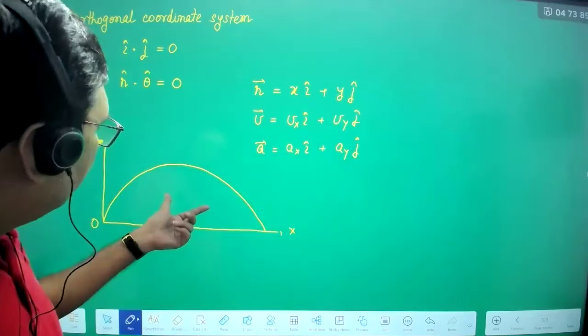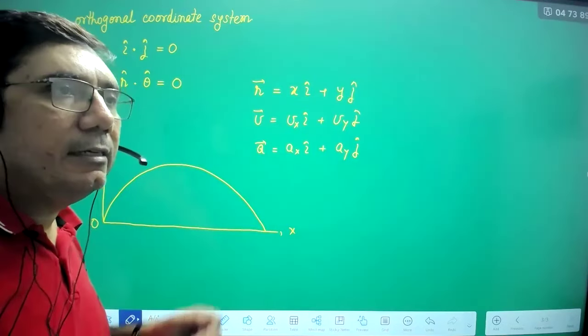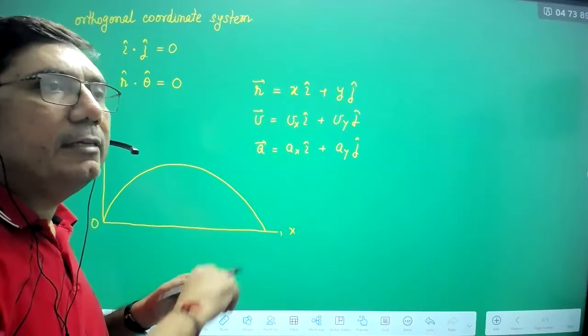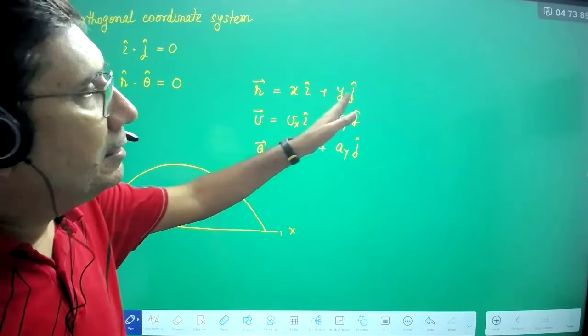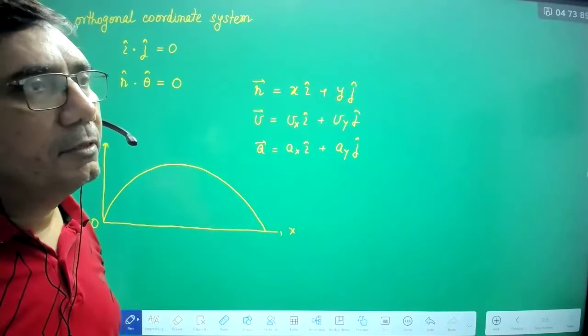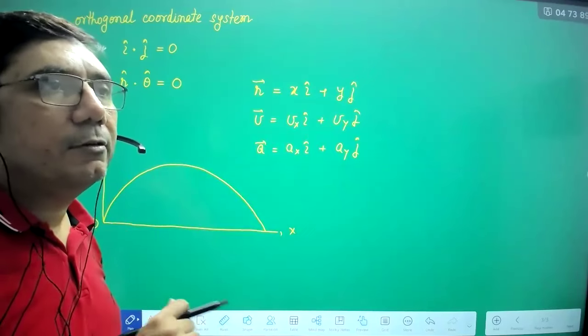Why can you do this? Because i cap and j cap are orthogonal to each other. If they are not orthogonal, then you cannot do this.